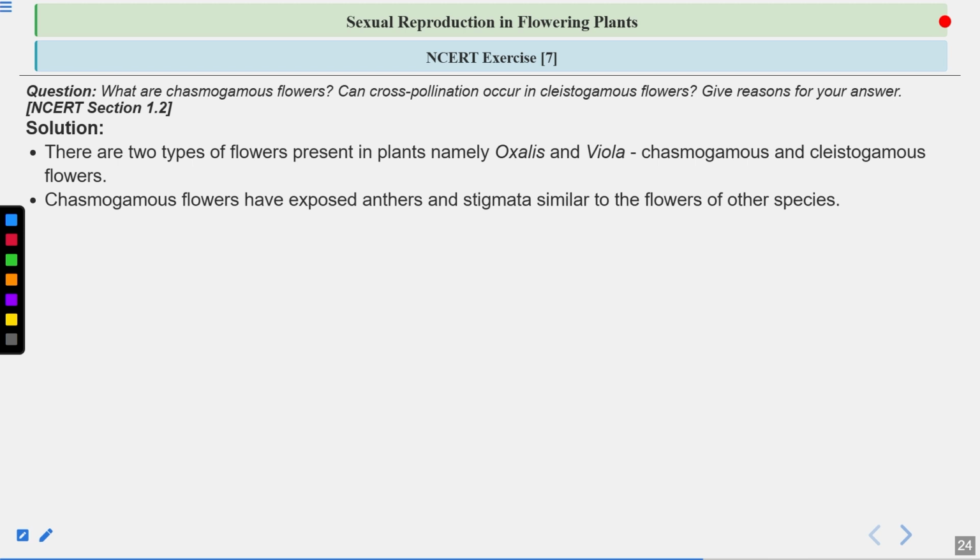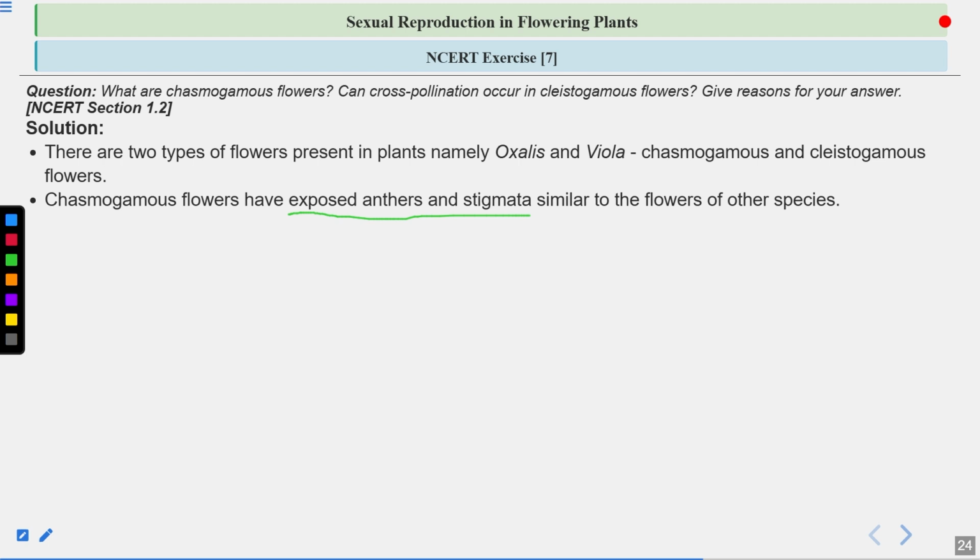So a flower that is blooming, with the bud opening and having exposed anther and stigma, is called a chasmogamous flower. These flowers are present on the shoot part of the plant, right?